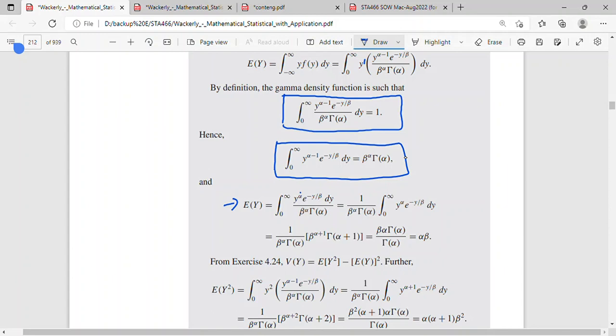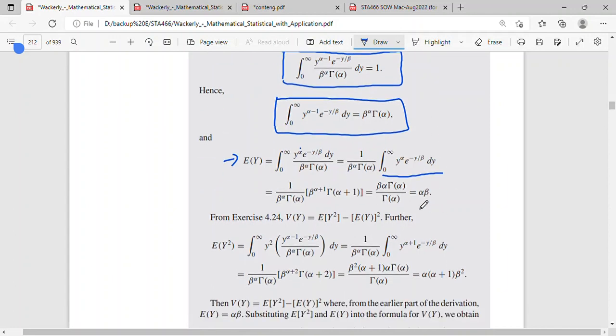Okay, so this part we can replace with this one. Try to compare these two. Here y power of alpha minus 1, here y power of alpha. Here e power of negative y over beta, here e power of negative y over beta. So this part equates to this one.